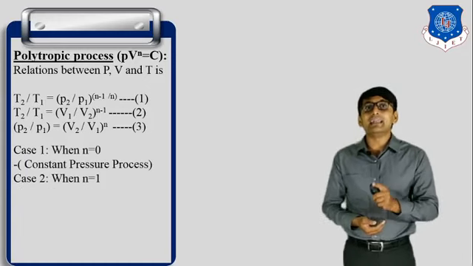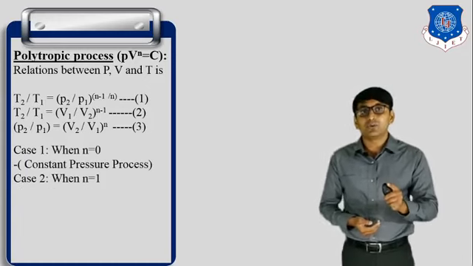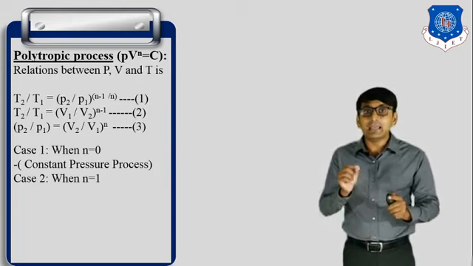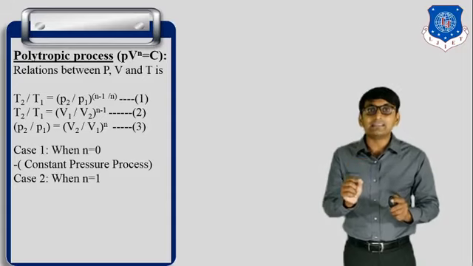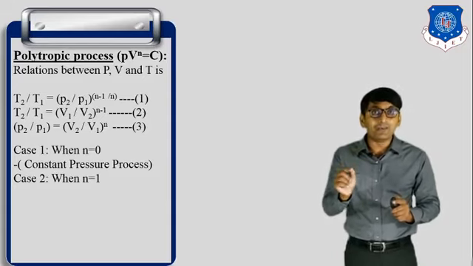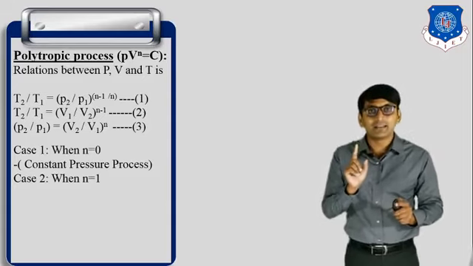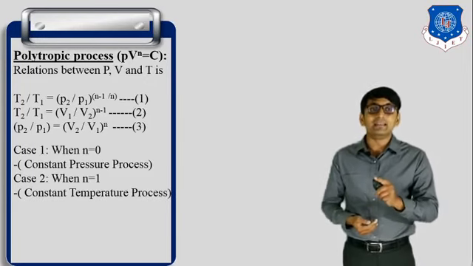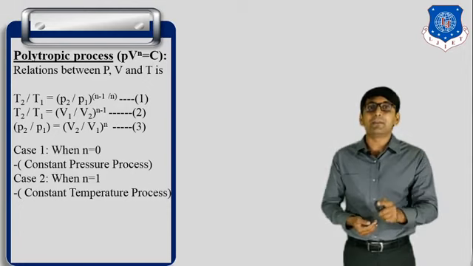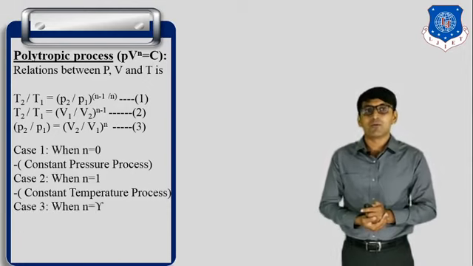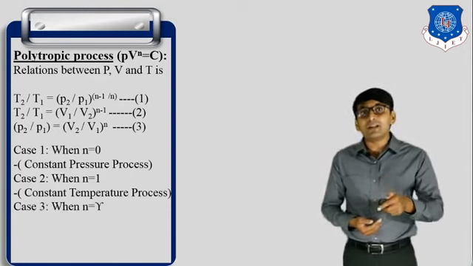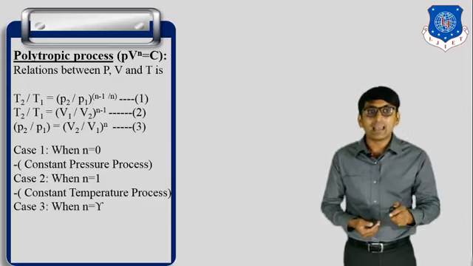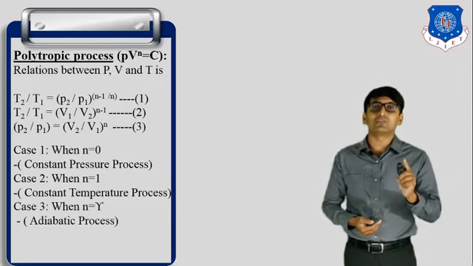Second case, n is equal to 1. In the formula PV^n = C, if we put n = 1, then PV = C. That is the formula of Boyle's law, and that is a constant temperature process. Now when n is equal to gamma, PV^gamma = C, and that is an adiabatic process.